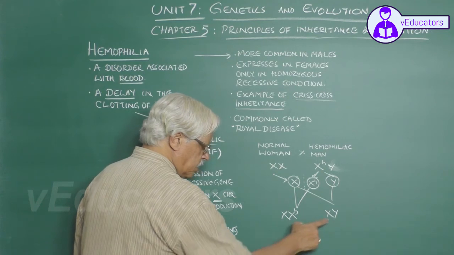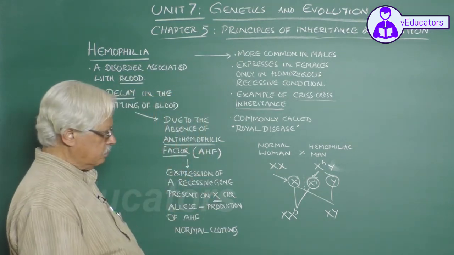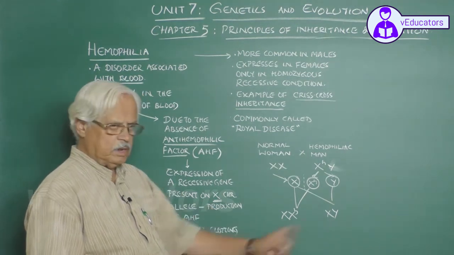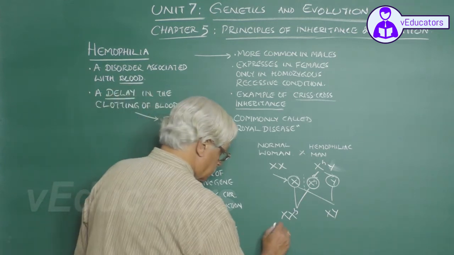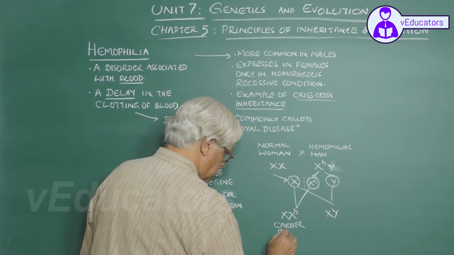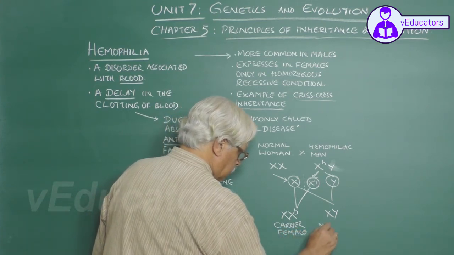Both the children, male and the female, will be normal, but the female will be carrier, male will be normal. So carrier female, normal male.